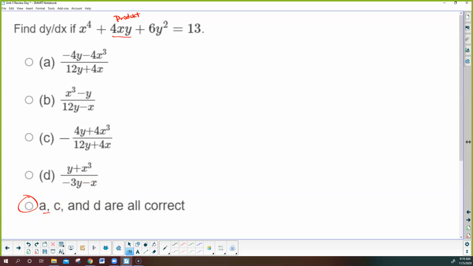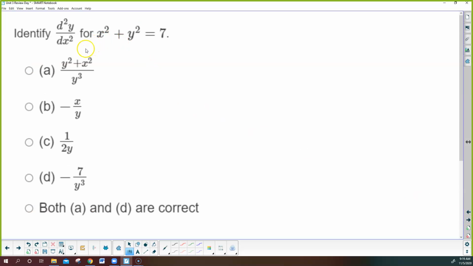The answer was A, C, and D. I gave you full credit if you said the answer was A, C, or D, but know that any algebraic manipulation of these is also possible. I just thought that was too tricky of a quiz, so I gave you full credit if you answered any one of those. If you answered B, I didn't give you credit for that.